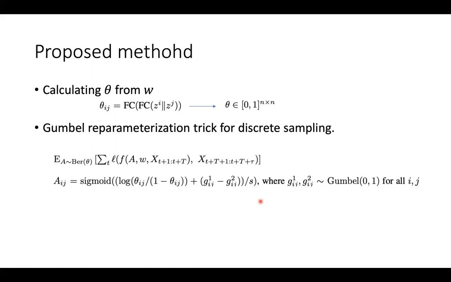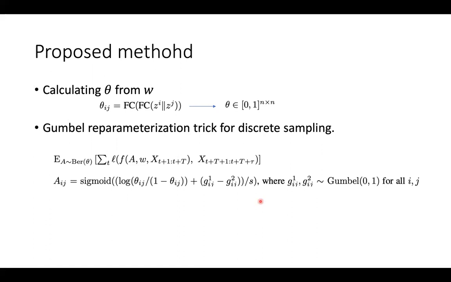I see. So I'll try to provide my explanation here. GIJ1 or GIJ2, although I do not know exactly what they are, are random variables. They push the randomness, the need to sample some discrete variable from the Bernoulli distribution with theta, into the current situation. They sample random variables from this Gumbel distribution that serve as additional input, together with the first term involving theta ij, which is the output of a neural network.